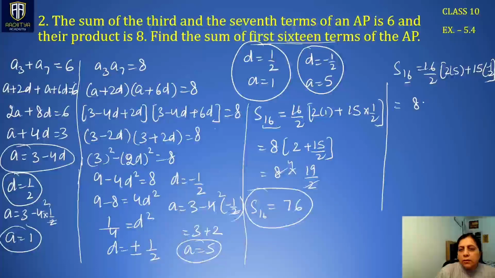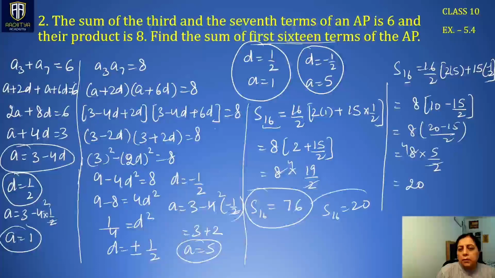So this is 8, 5 times 2 is 10, and this is minus 15 by 2. 10 twos are 20, 20 minus 15 by 2. So we get 8 multiplied by 5 by 2. This is 5 fours are 20. So S16 can be 20 or S16 can be 76. So we have two options for the sum of 16 terms.